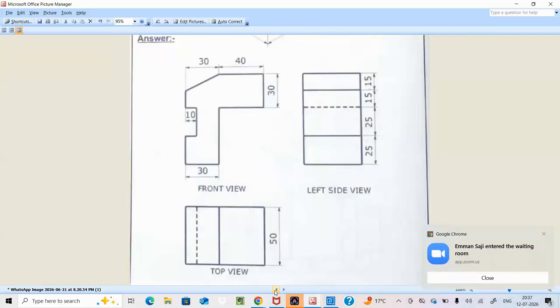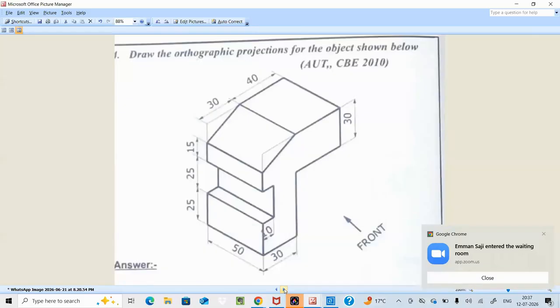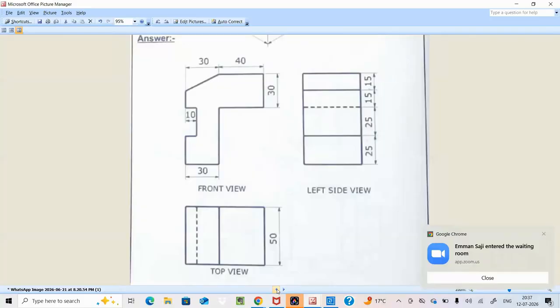What you have seen here is your 3D picture. For this drawing, you need to write the answer. So for that reason, I'm showing the image. As I told, the front view you'll be drawing on the top, and the top view you'll draw below the front view.